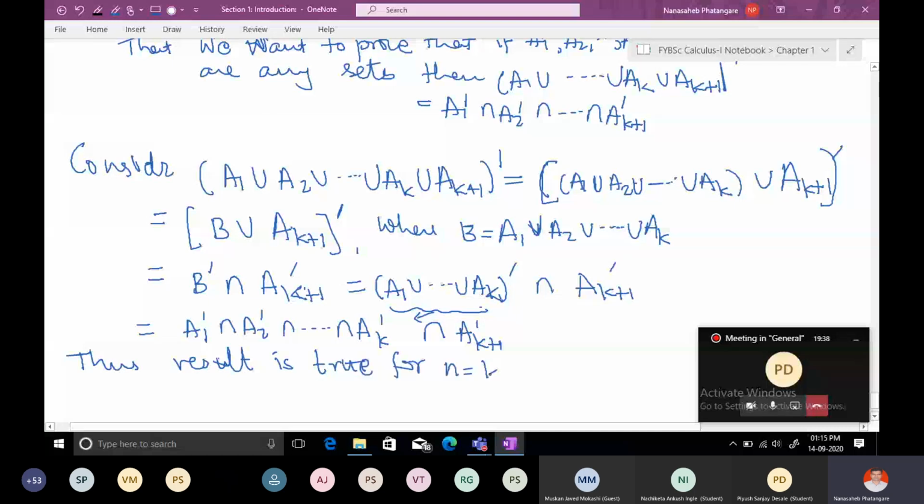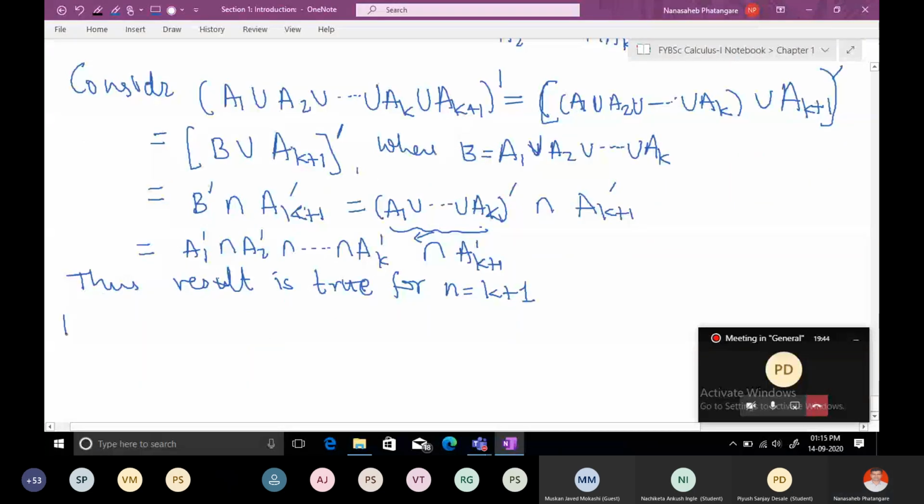Hence, by induction, can I say that for n number of sets, a1 union an, its complement is equal to a1 complement intersection a2 complement intersection an complement.